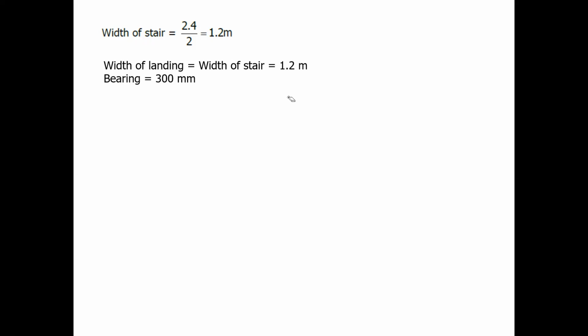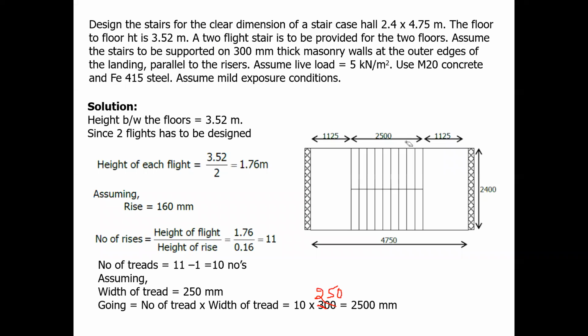How are we going to calculate the total effective horizontal span? This distance is there, right? I want the distance from here to here.